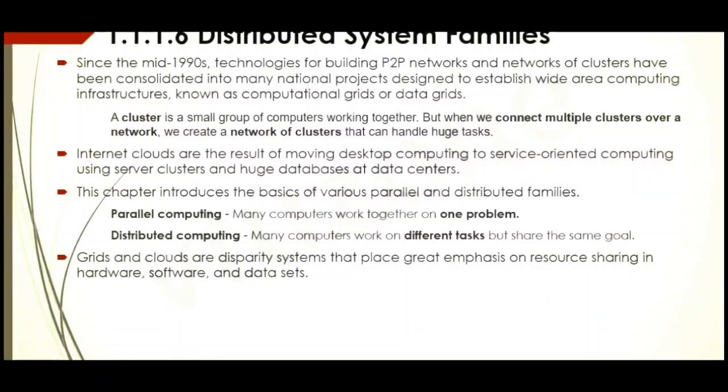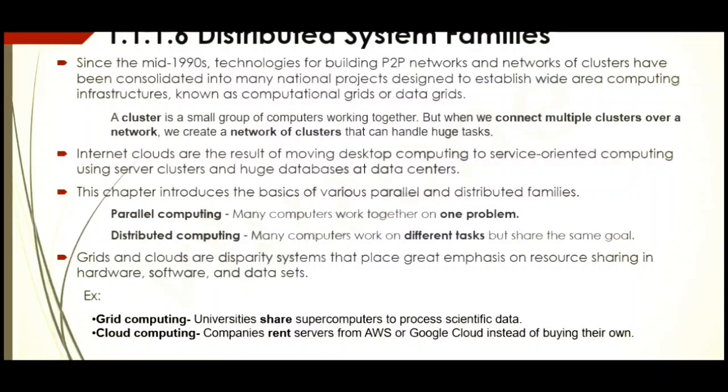See, computational grids and cloud computing are different but share a common goal, that is sharing resources like hardware, software or data, and making computing more efficient by letting users access powerful machines remotely. An example for grid computing is universities sharing supercomputers to process scientific data.